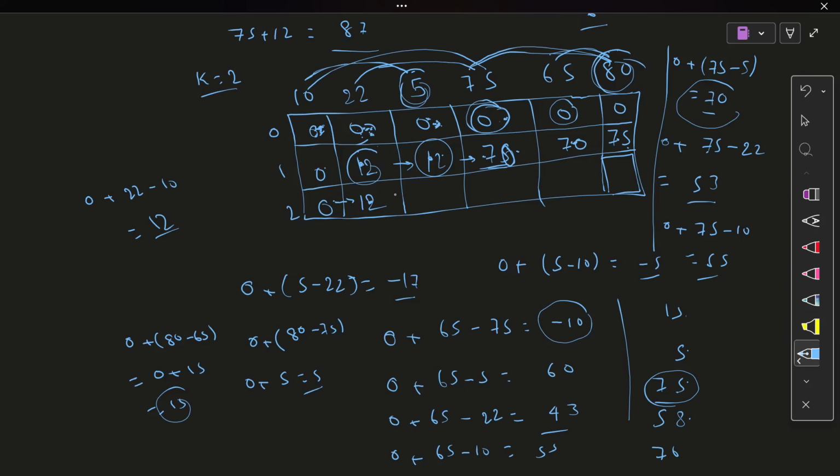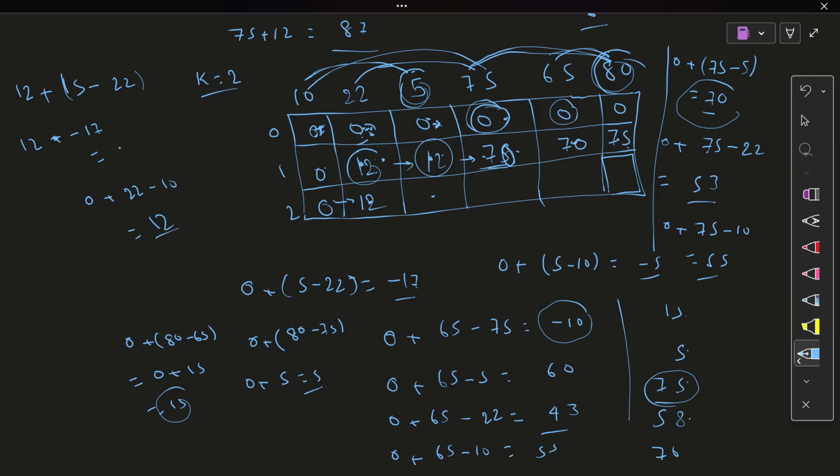12. Okay. For here, this one is 12. Then 12 plus, sell at 5, buy at 22. How much? 12 minus 17.